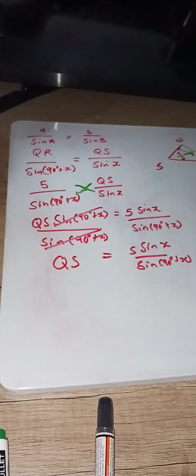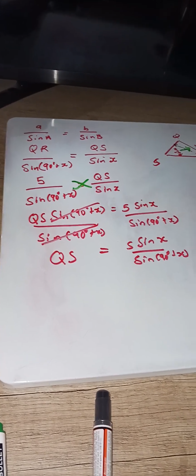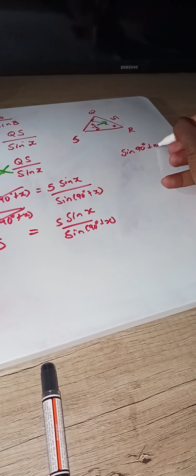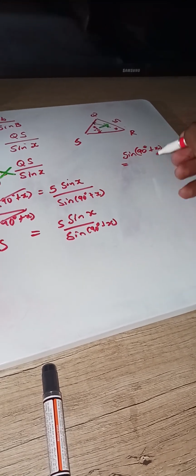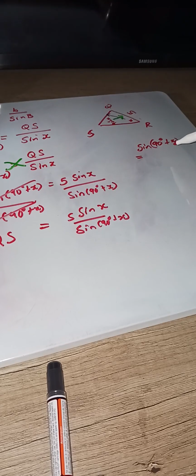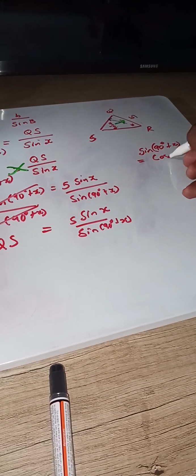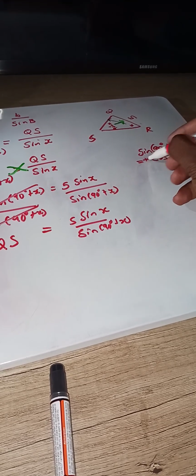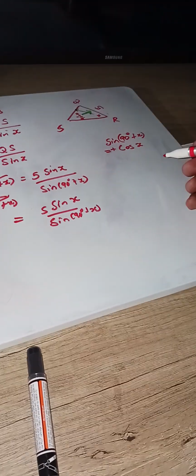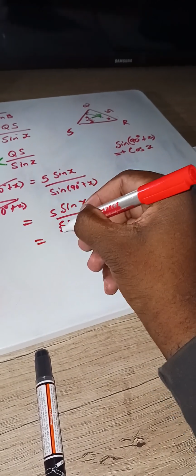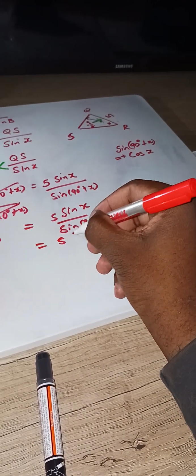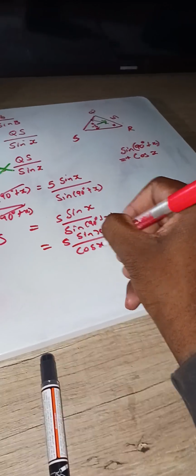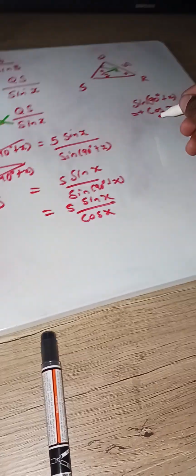Now, we know that this is a cofunction. Sine 90 plus X is the same as what? So its complementary function would be a cos. Now, sine in this quadrant of 90 plus X is positive, and therefore it's cos of X. Therefore, we can say 5 sine X all over cos X. But we already have an identity here.